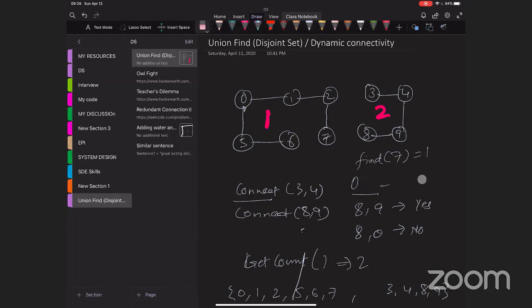And I'm going to ask find 3, and that is going to give me 2. So in find, the input 7 means you are asking what is the identifier, or which set 7 belongs to. Yeah, got it. Any questions so far?